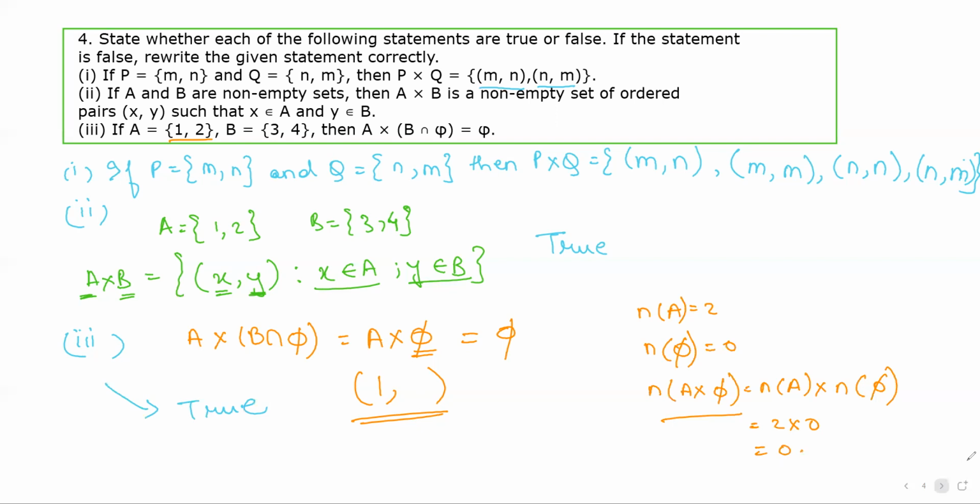Next, if A is equal to {-1, 1}, then what is A cross A cross A? Let's write it in a generalized form. A cross B cross C is the set of ordered triplets x, y, z such that x belongs to A, y belongs to B, and z belongs to C. So these elements x, y, z belong to the 3 sets that we are multiplying.